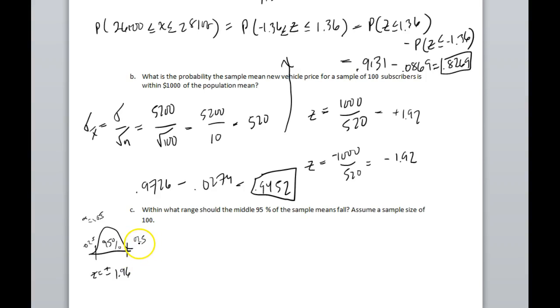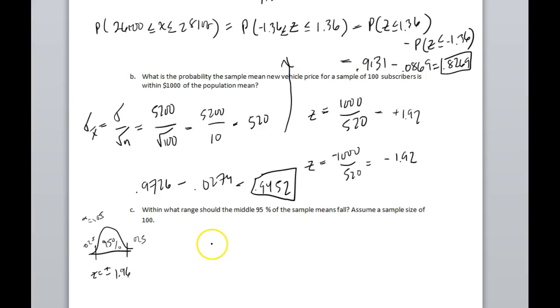Okay, so it says now, within what range should the middle 95% of the sample means fall? Assume a sample size of 100. So about that mean, where should we be, assuming that we have a reasonable assumption of the population mean.